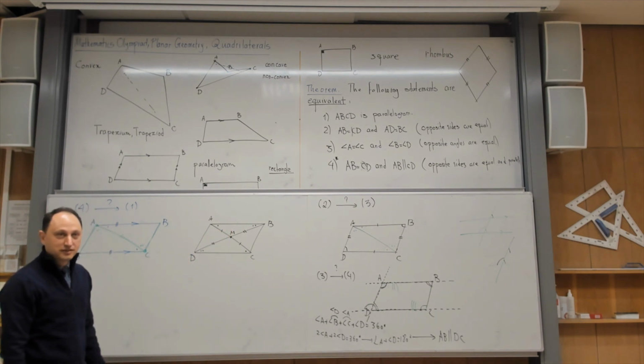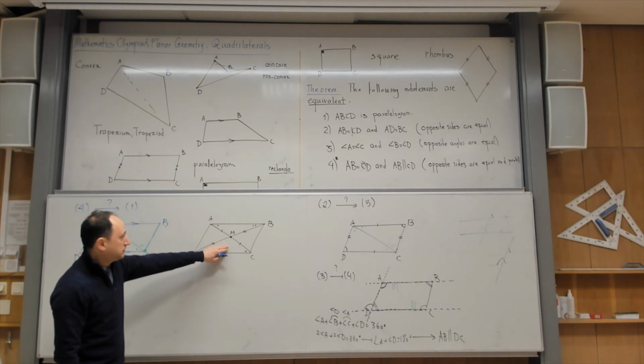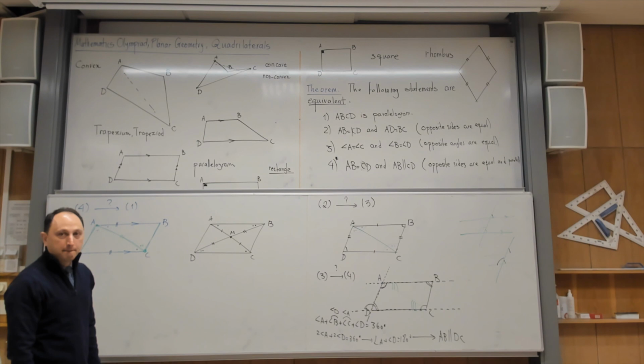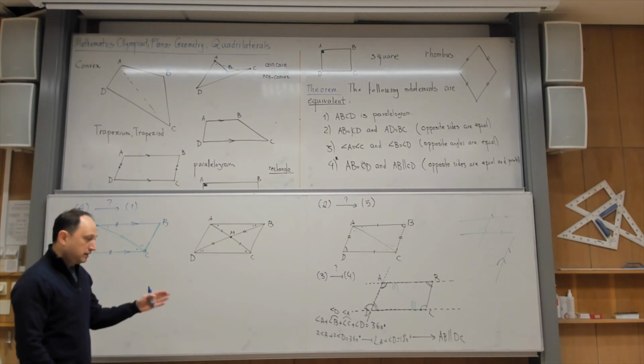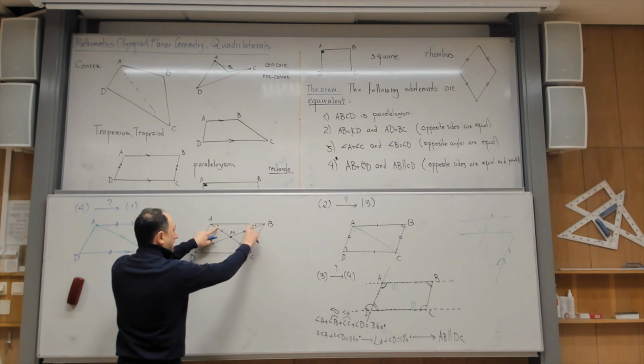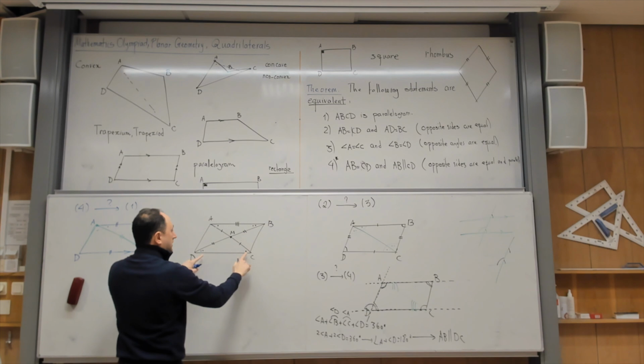But this triangle on the bottom is congruent to that one. Why? Angle, side, angle. These two angles, and the side between them is this side. And these two angles and the side between them is this side.